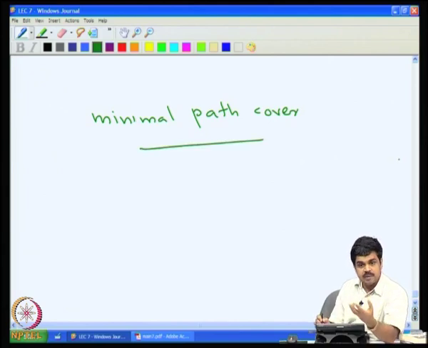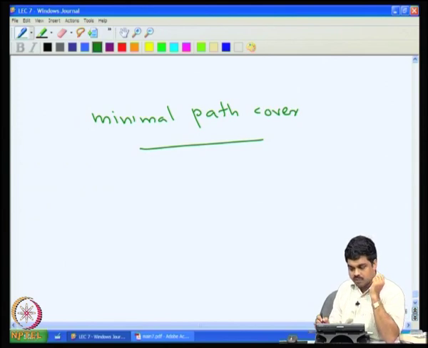I will not say that it is a minimal path cover if no proper subset of it is a path cover of the graph. That is not the way to say it, because any proper subset will not even be a path cover. For any path cover that will be true, because if you remove one path from it, the remaining thing is not going to cover all the vertices in the graph. Therefore, that is not the way.